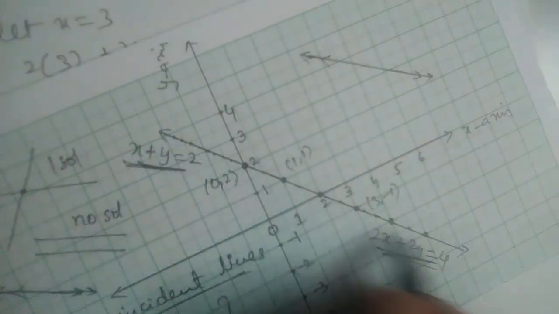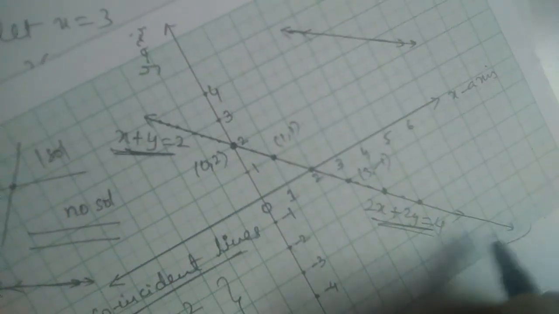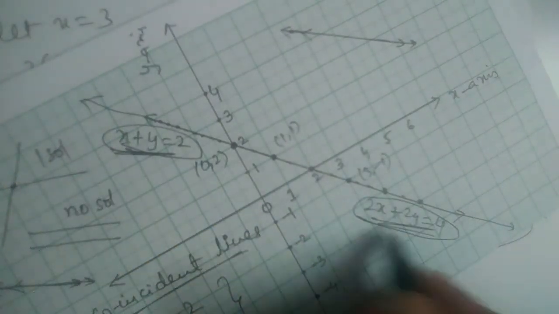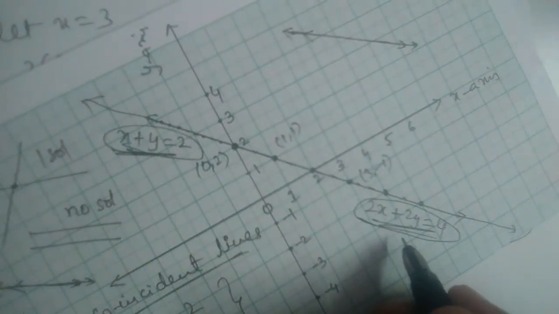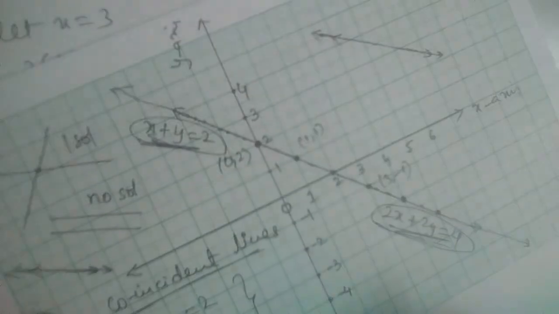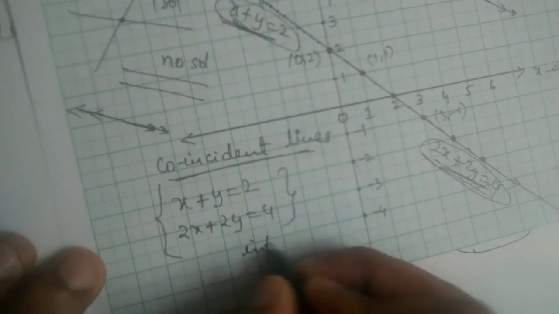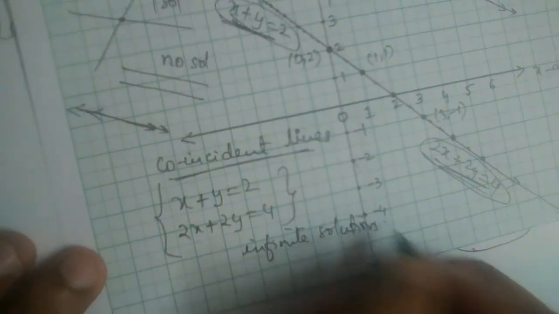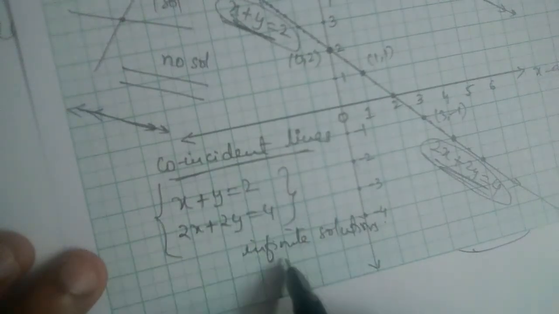How many points are there on this straight line? If we extend, it will go on, right? We'll have infinite points on this and we'll have infinite points on this line also. So every point will be an intersecting point, right? So there are infinite solutions for this. Okay, for coincident lines we'll have infinite solutions.